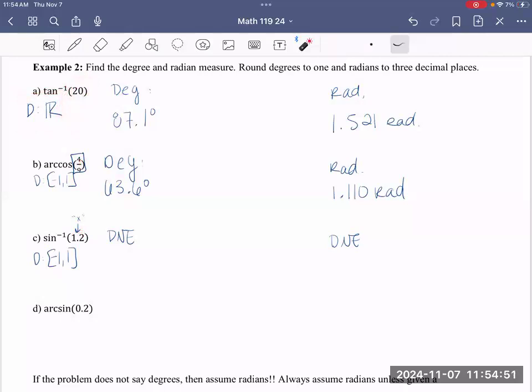So for your next one, arc sine of 0.2, does that fit within your domain? Yes, it's sandwiched between -1 and 1, so that will come out with a valid response. If you did that one, it would come up with 11.5 degrees and 0.201 radians.